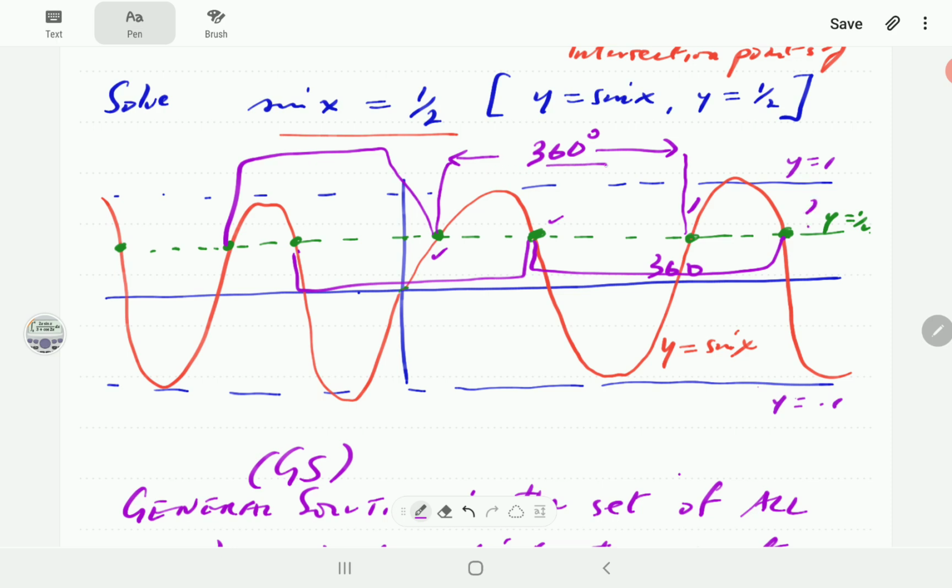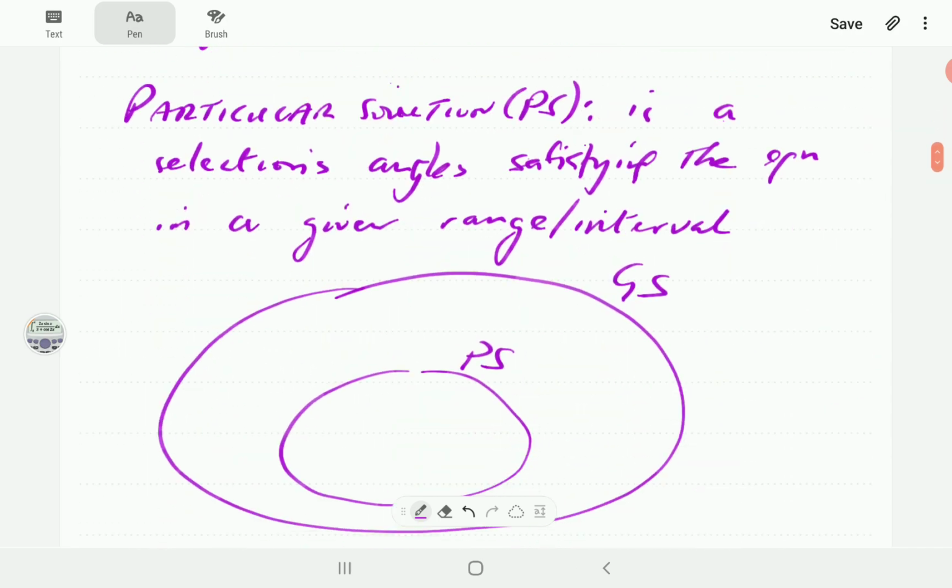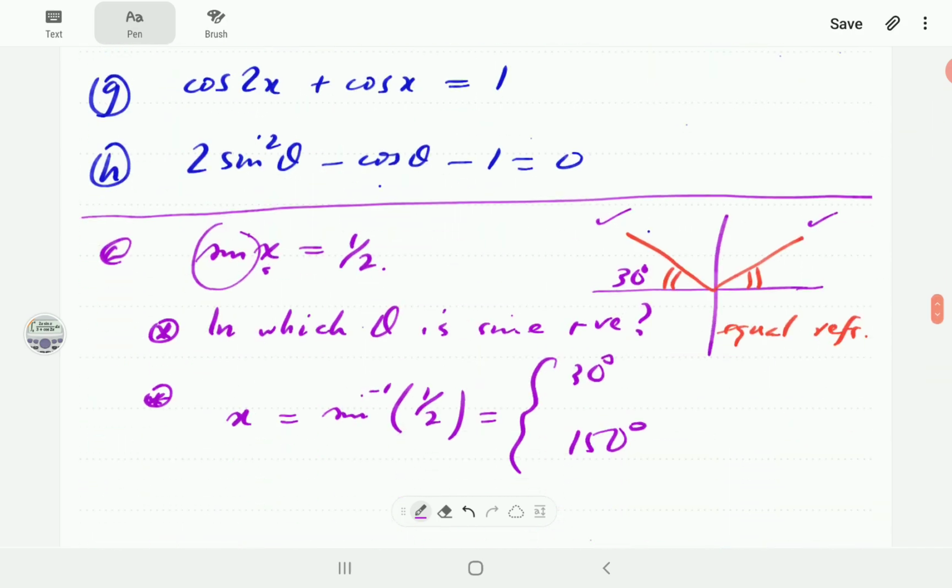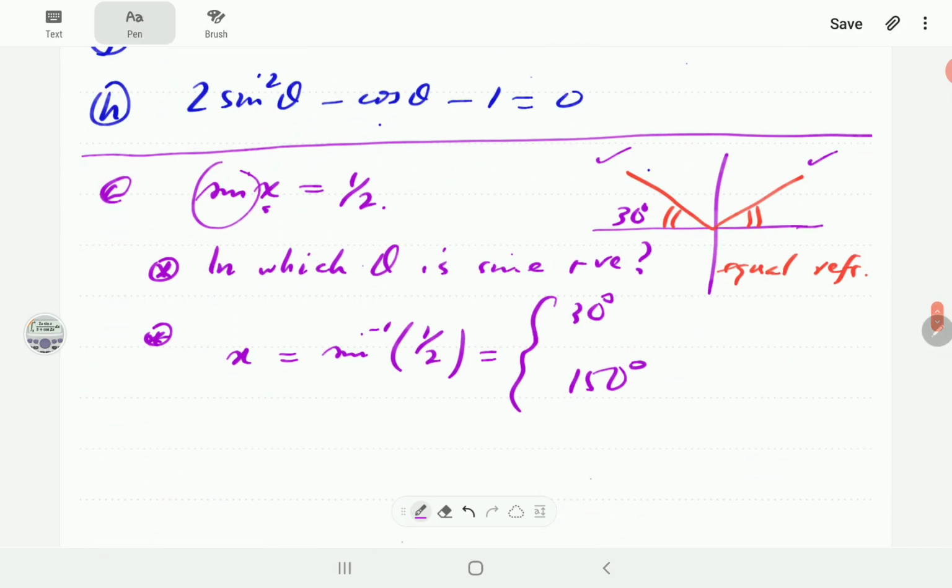Now we have already noted that these are related by the interval of 360, or in terms of this diagram here, we have got to find all the coterminal angles of 30 and all the coterminal angles of 150.